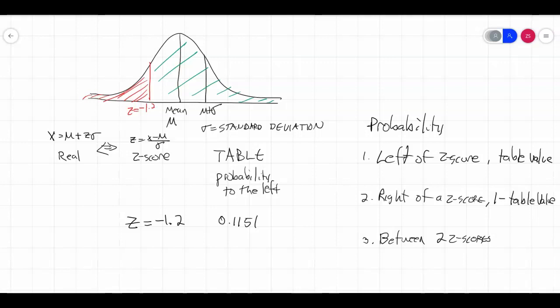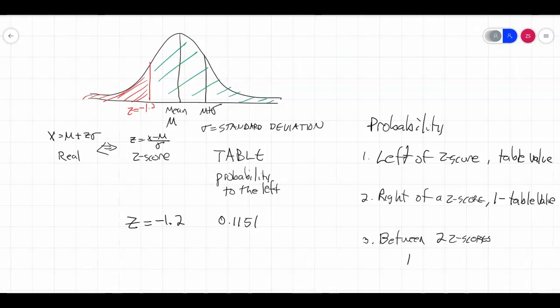So 11.5%, 1 minus that is 88.49%, whatever that is. That's the other area. The total area is 100%. So you just do 1 minus the table value and you get the probability or the percentages to the right of that certain z-score.